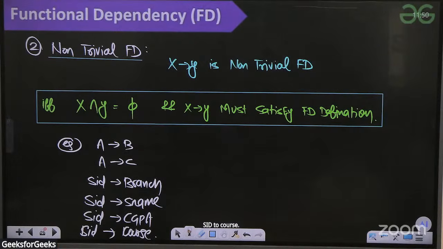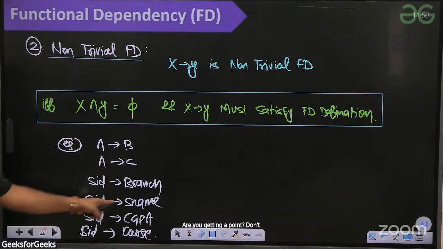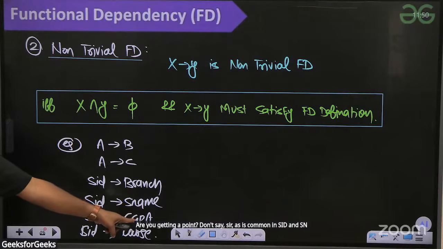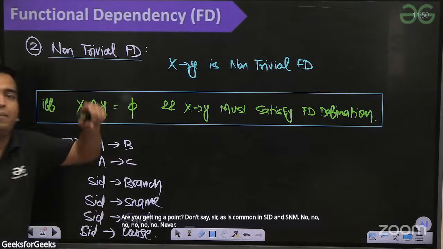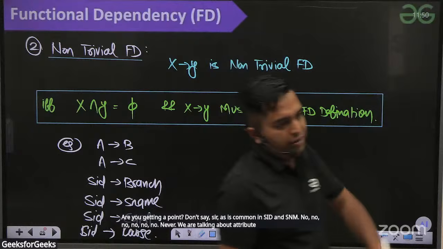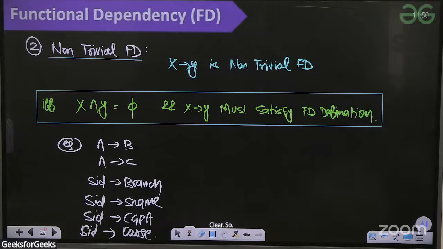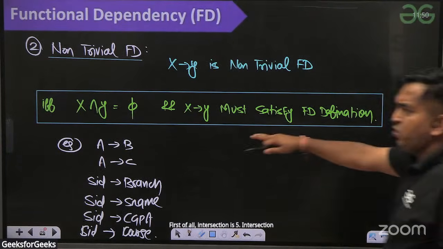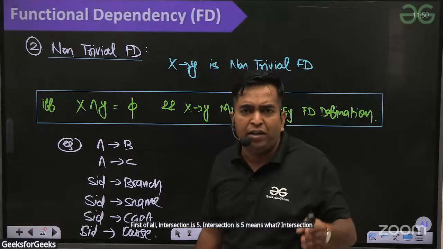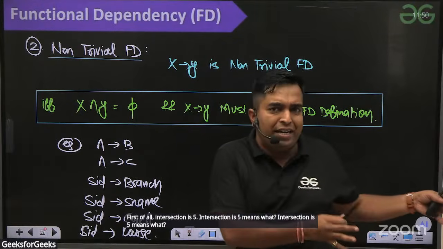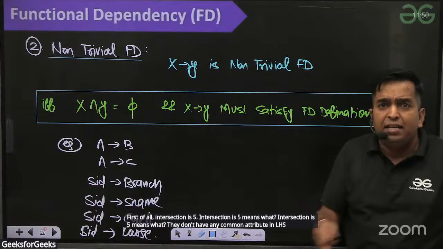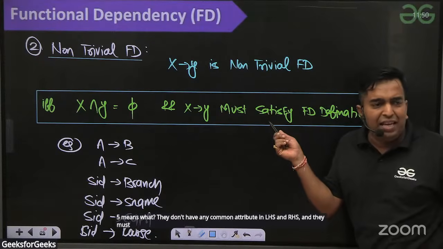Are you getting my point? Don't say S is common in SID and S name. No, never. We are talking about attributes, not alphabets. So non-trivial FD means first of all, intersection is phi, meaning they don't have any common attribute in LHS and RHS, and they must satisfy the FD definition.